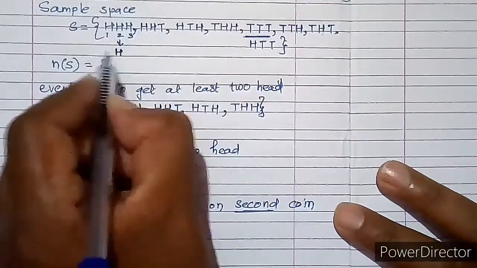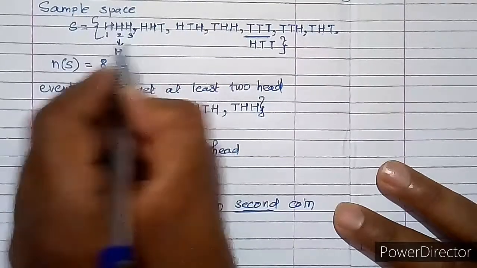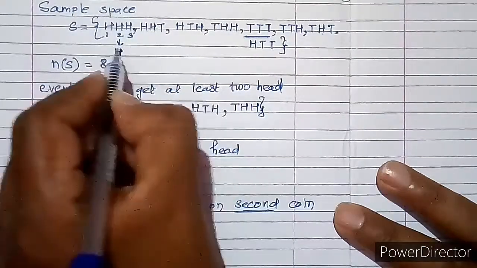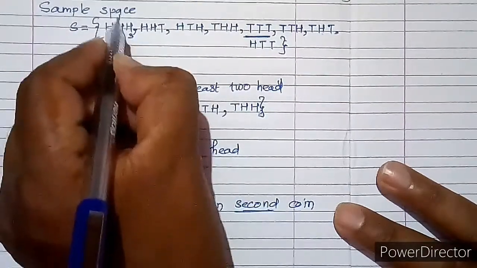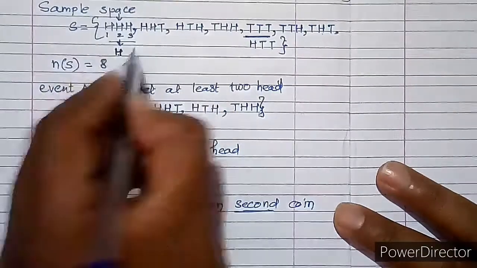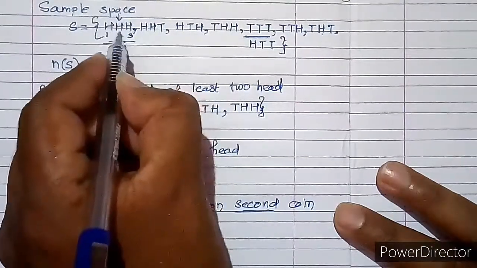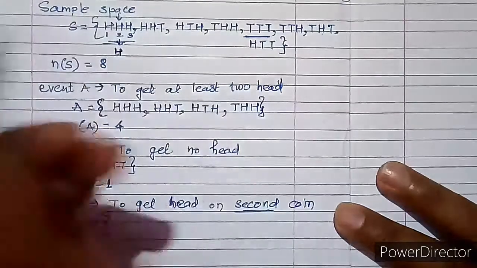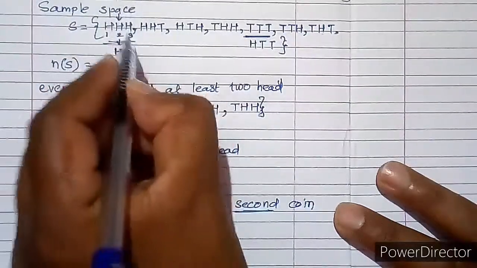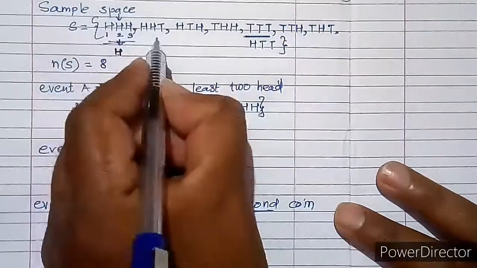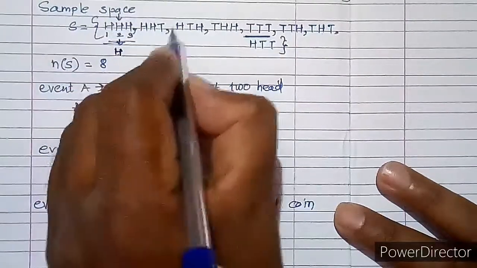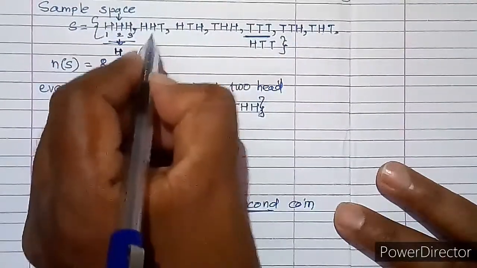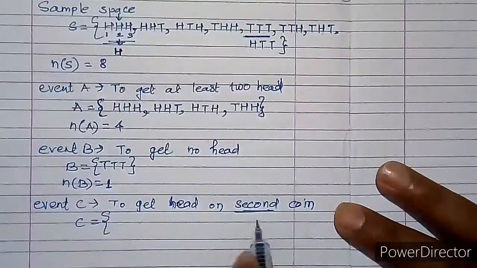That's why we have to write down those outcomes which have head in the second position. Observe this, you can see that head is the middle entry. That's why find or write down such outcomes which have head in the middle. It means it has head on the second coin.